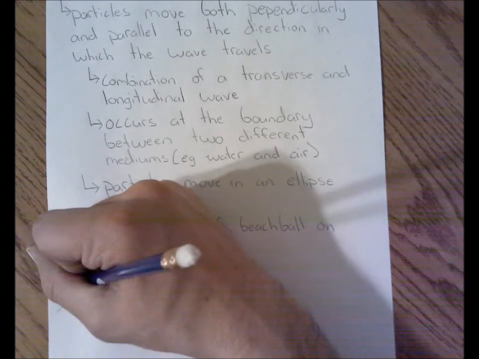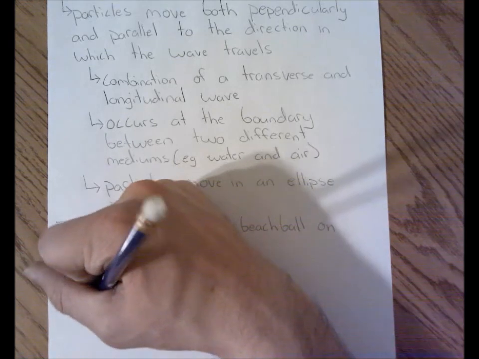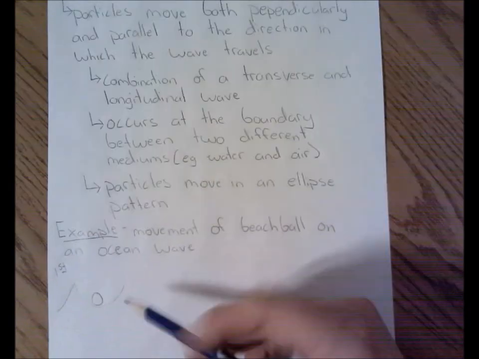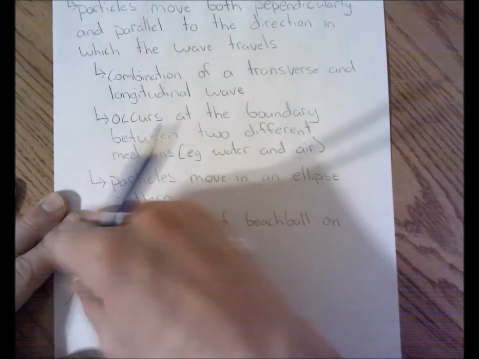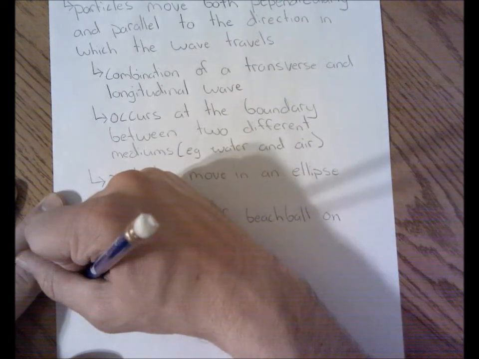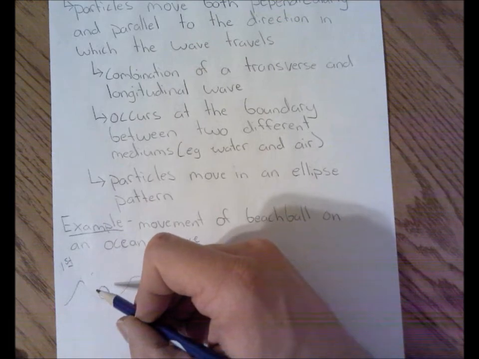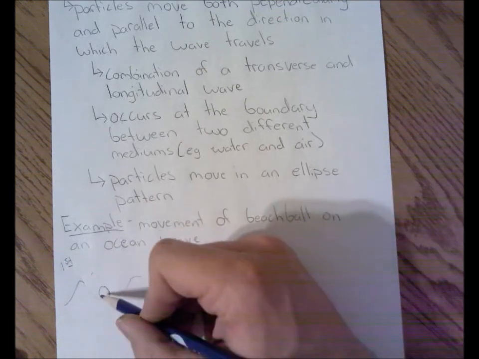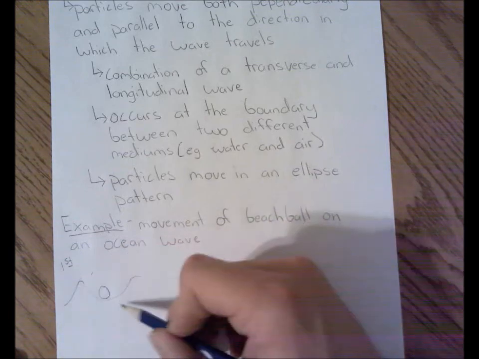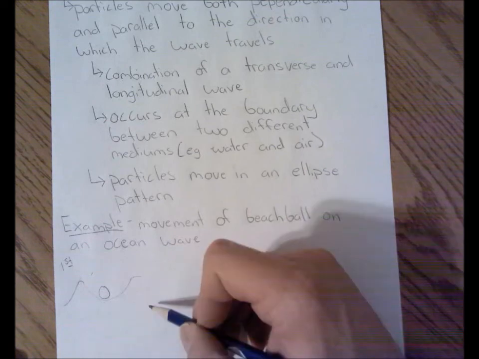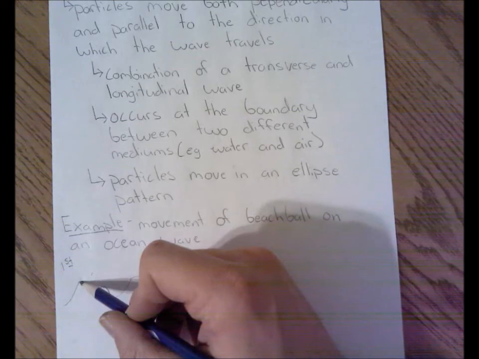And so what happens is this. This ocean wave, and maybe I should make this a little bit more round here. Oh yeah, that's better. As the ball is in the trough here, and as the crest approaches, remember the ocean wave here is moving left to right, the ball is going to move to the left and upward.